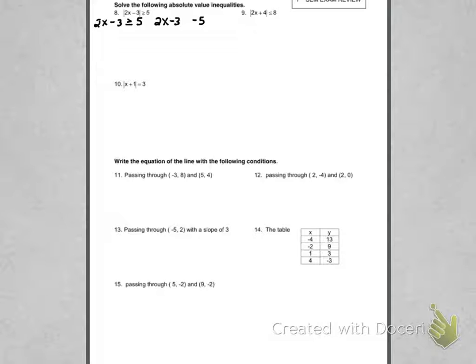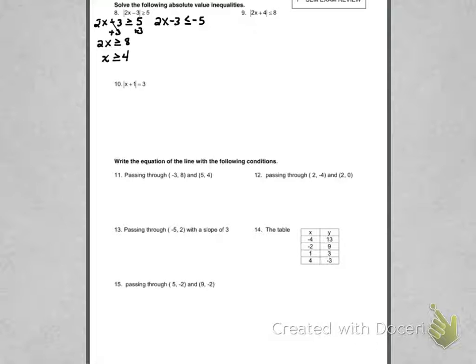On the right, this doesn't change because the absolute value doesn't change. So we have to turn the sign around. You have to remember to turn that sign around when you set up the negative equation. All right, so we're going to add 3. So 2x is greater than or equal to 8. And when you divide by 2, x is greater than or equal to 4.